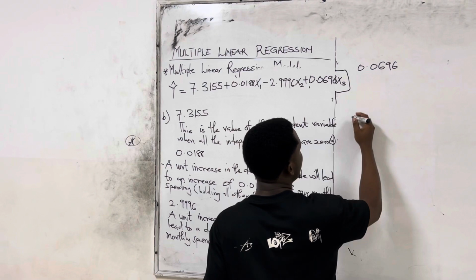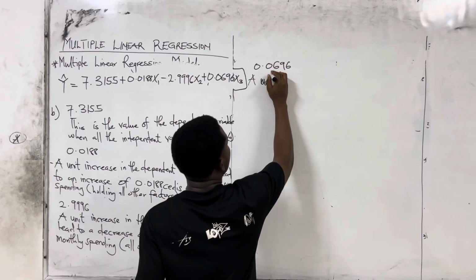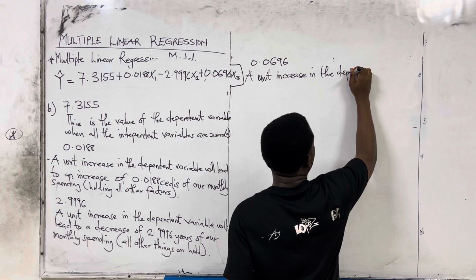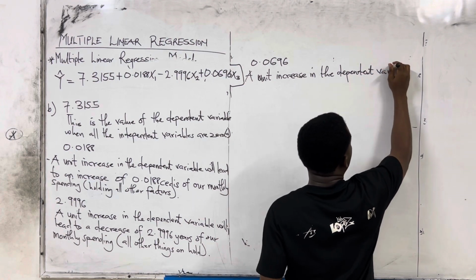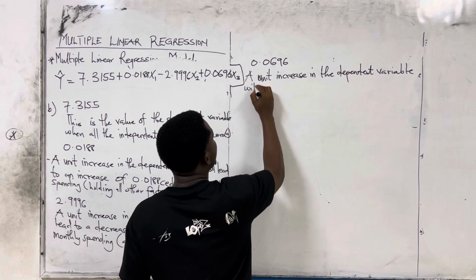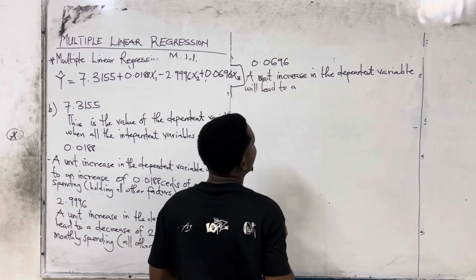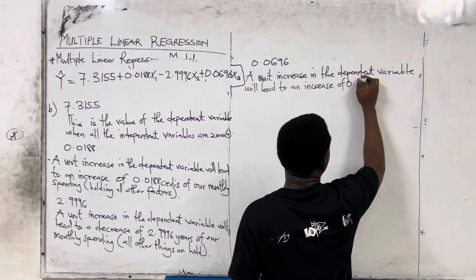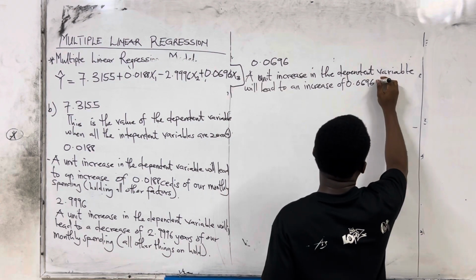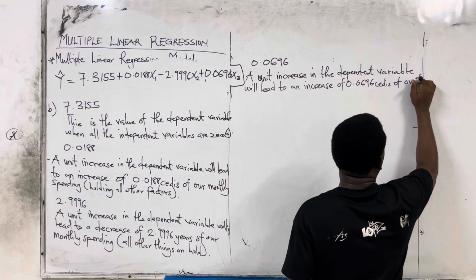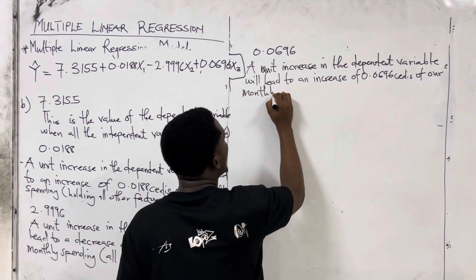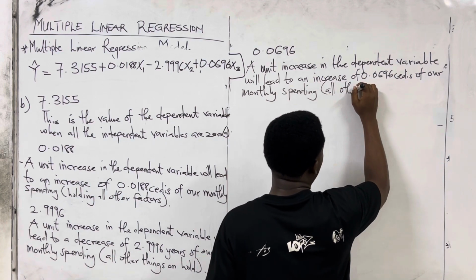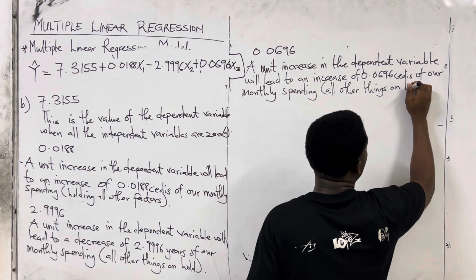So we have our credit limit, which is a unit increase in the dependent variable will lead to an increase of 0.0696 cedis of our monthly spending, all other things on hold.